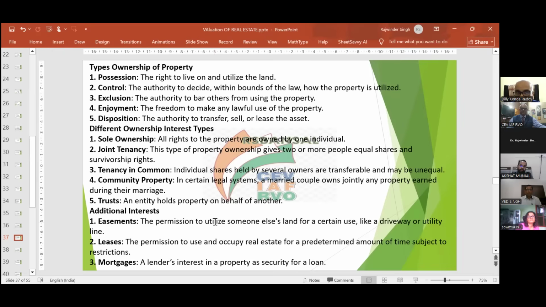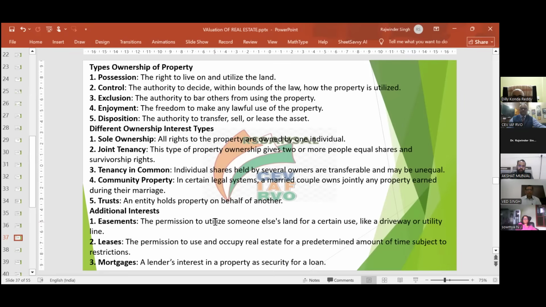Control. Control means, see the difference between possession and control. Possession means you have the right to live on it and utilize the land. Control means you have the authority to decide, within the bounds of the land, how to utilize the property. And exclusion, the authority to bar others from using the property, exclusively for you.